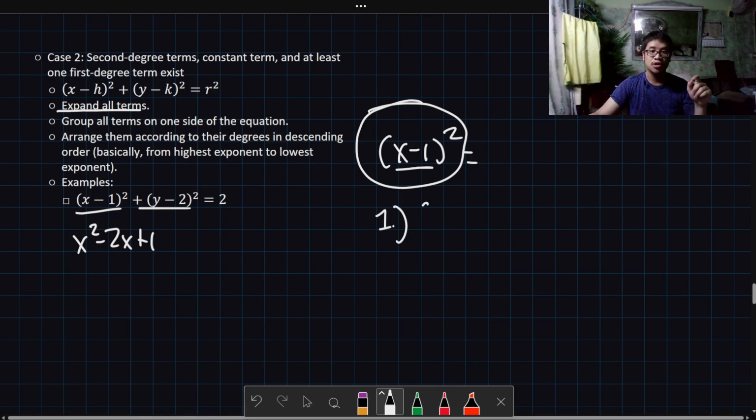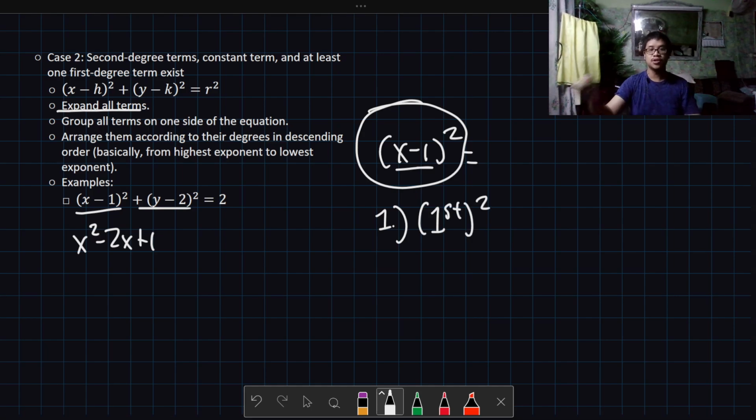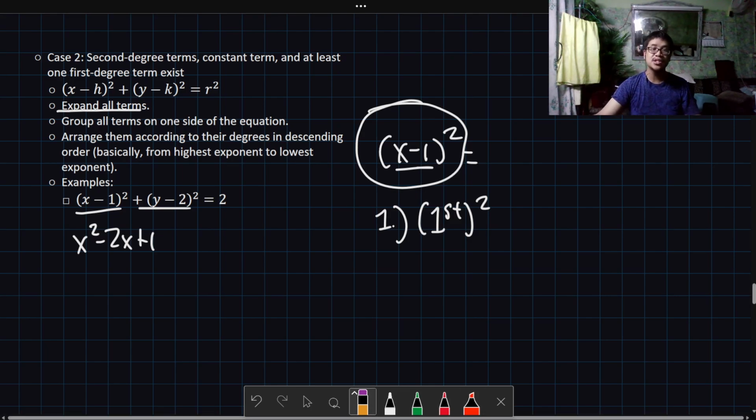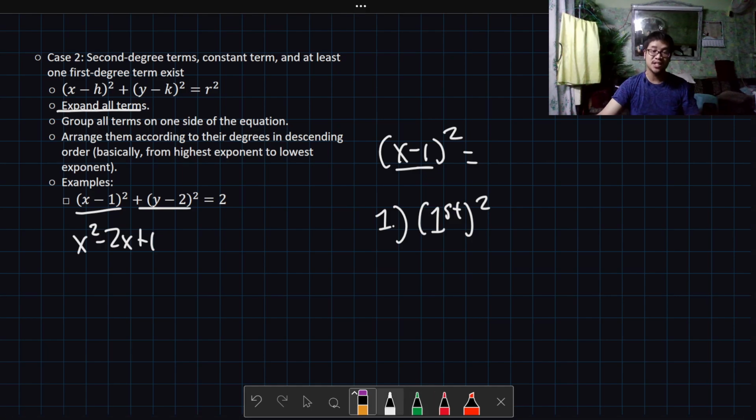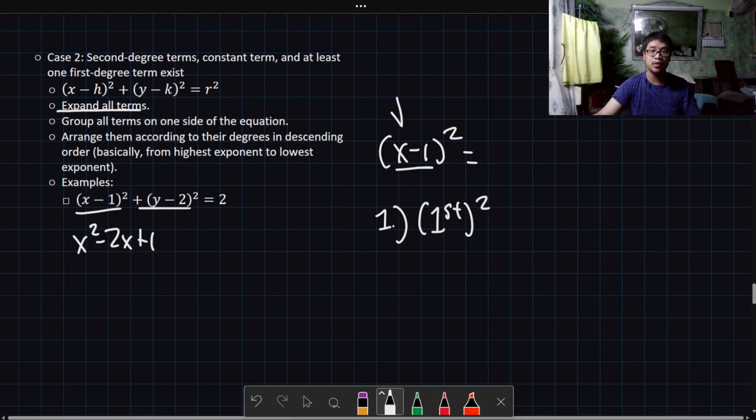First step is you are going to square the first term. What's the first term? The first term is on the left side of your parenthesis. This one. Square it. So you're going to square x, and as a result, you have x squared. The square of x is x squared.